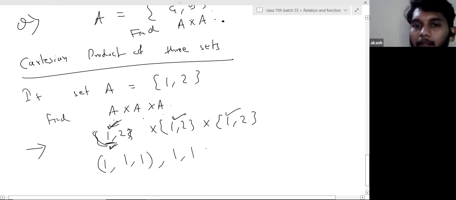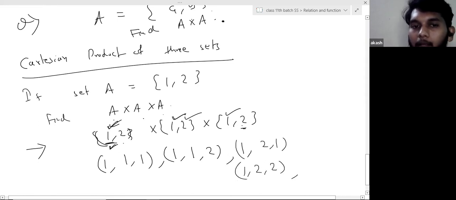This is the first element. Now the second element is 2. All right. Now change this one: 1 comma 2 comma 1, 1 comma 2 comma 2. Now we have to change this one, fix 2, and write the same for the rest.